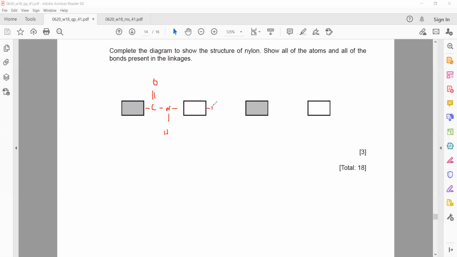So both sides of one molecule should be amine groups, and the other molecule should have carboxylic groups. So you have to practice these structures. And so on, it will repeat and continue.